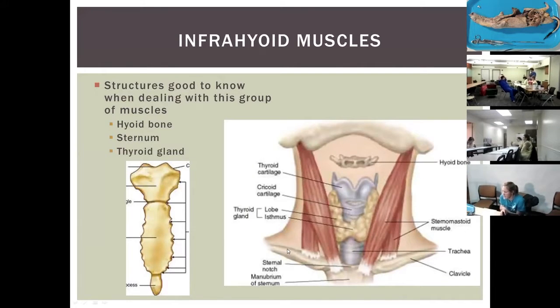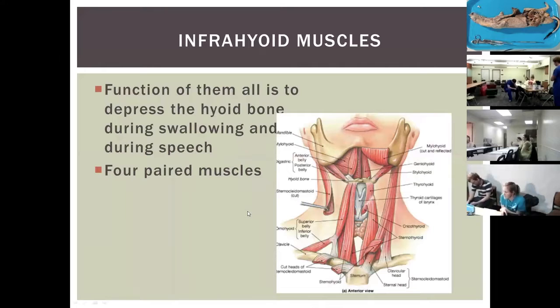And then the last structure it's good to know about in this group of muscles is the thyroid gland, which is right here. The thyroid gland is a neat little gland that affects a lot of different processes in your body. The reason it's good to know these structures when dealing with this group of muscles is that all of their names are based on these structures. So let's take a look.